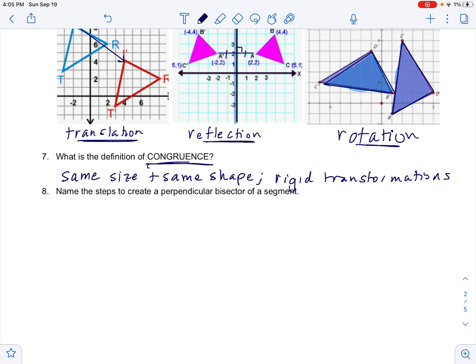So rigid transformations produce congruent figures.